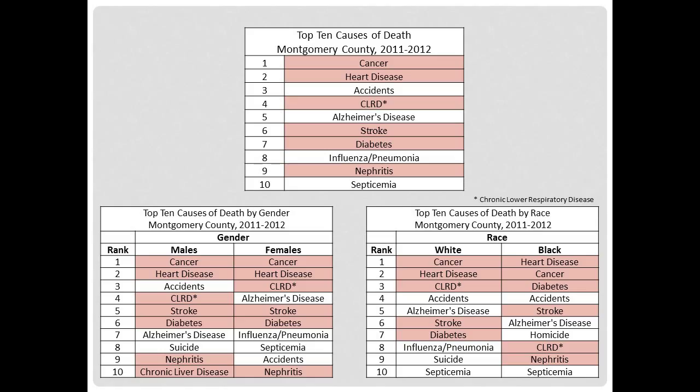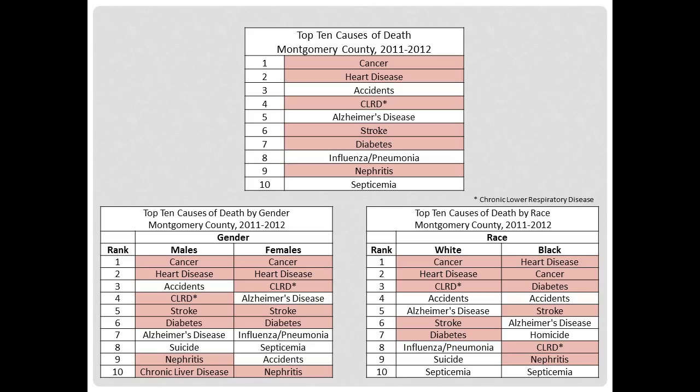We see definitely males have a few more chronic diseases that they die from. And you see in the white versus black populations, diabetes is number 3, which is one of those chronic diseases, where it doesn't fall till number 7 for whites. So you definitely see a difference as far as disparities go. So that is something that we can actually quantify in the deaths.